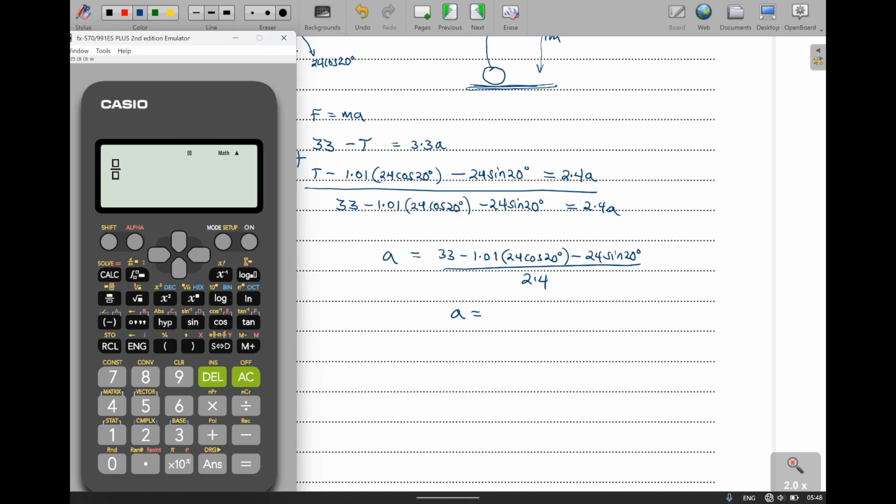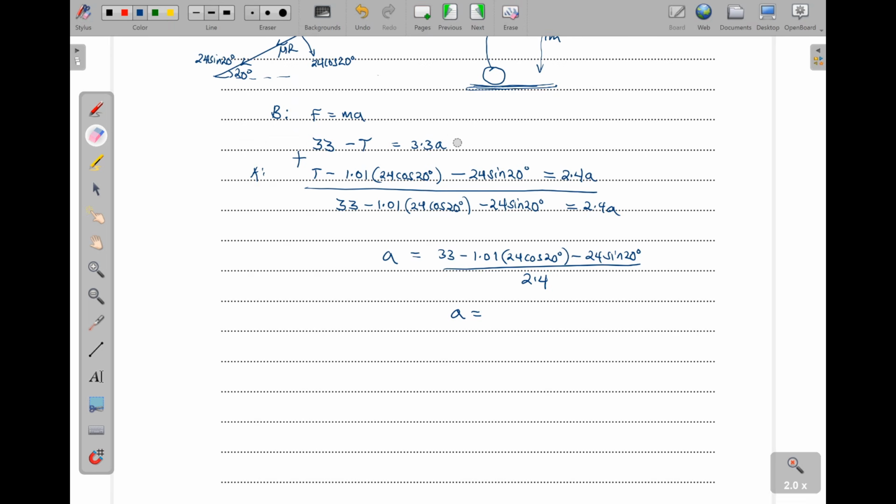Now I have 33 minus 1.01 into 24 cos 20, close this bracket, then minus 24 sine of 20, close the bracket. I come down, divide by, no, this is not 2.4 by the way.